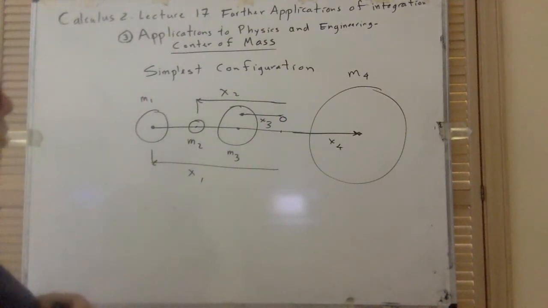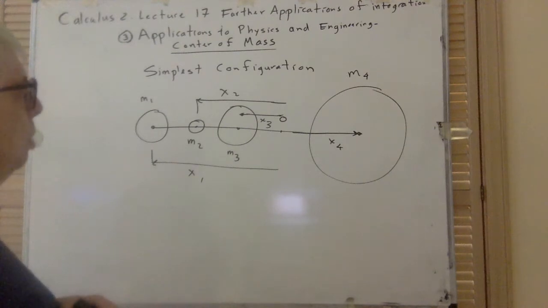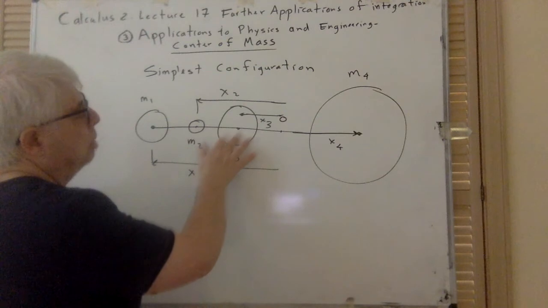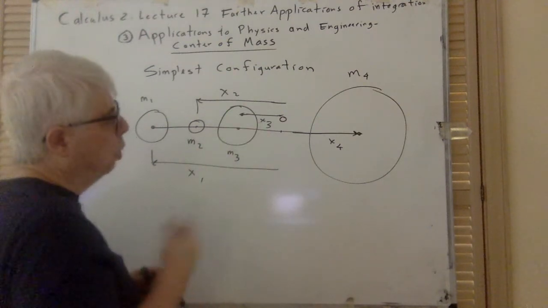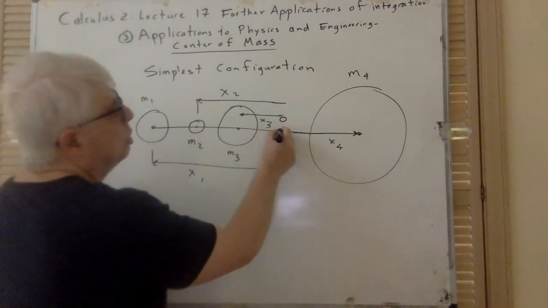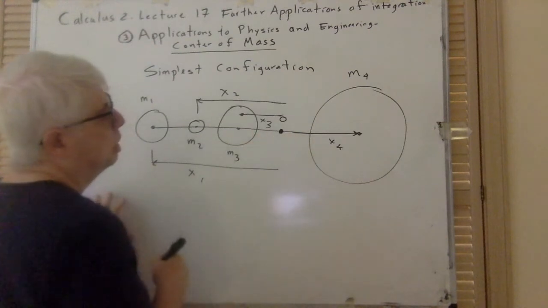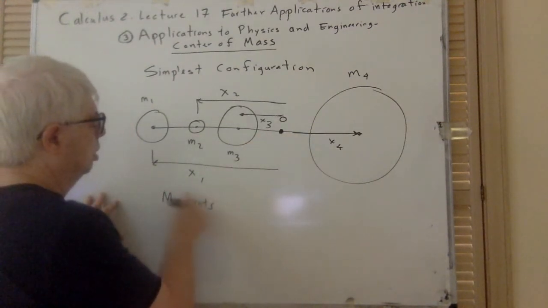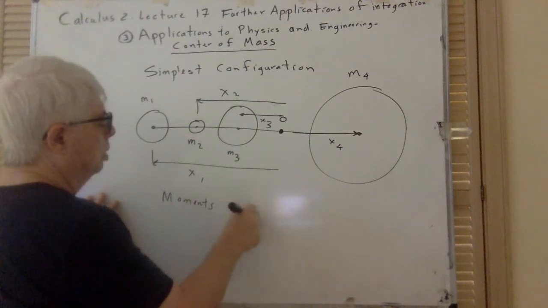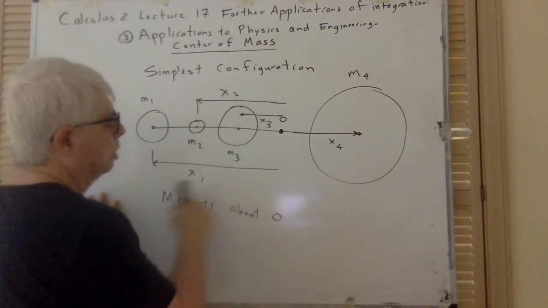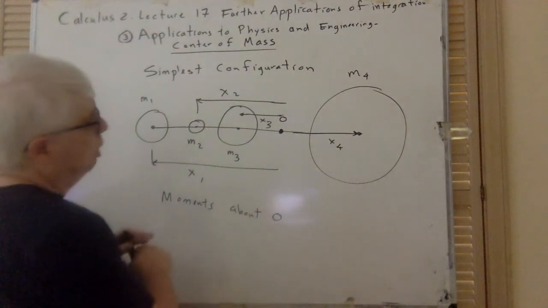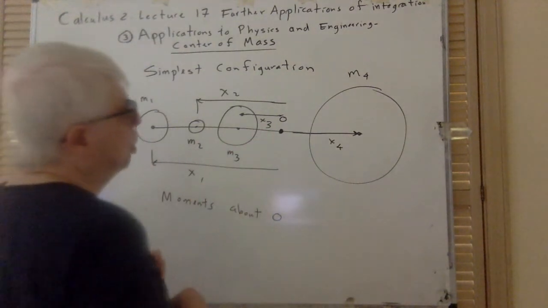Moment of force is simply this mass times distance from O, if I'm calculating the moment of this mass about O. So these are moments about point O.